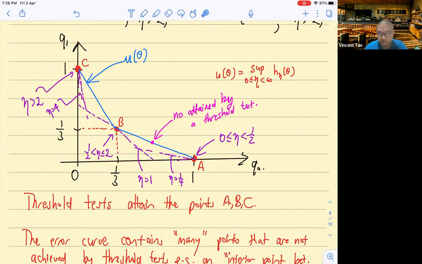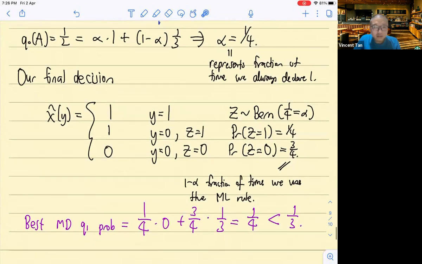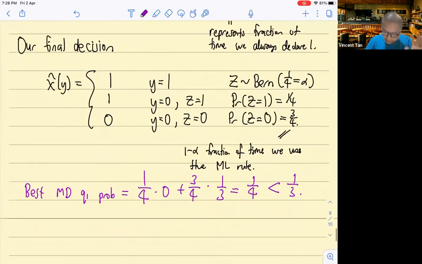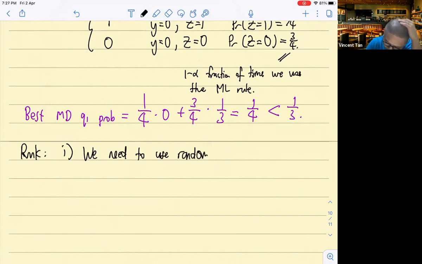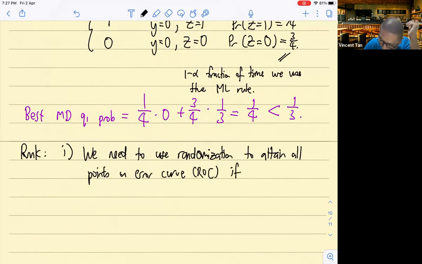You see. Okay. So this sort of scenario where you have to use randomization, remark. First remark is we need to use randomization or flip a coin to attain all points on the error curve or ROC if the likelihood model is discrete.